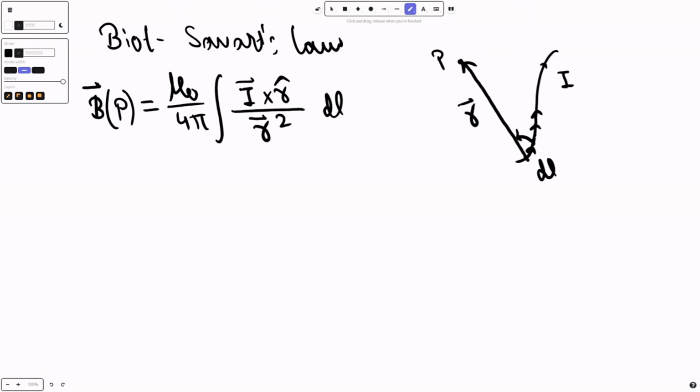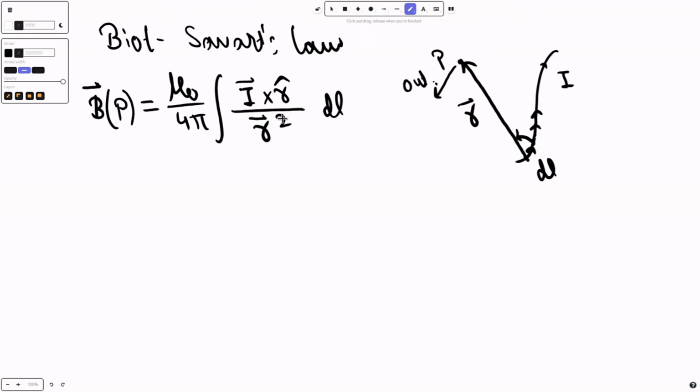If my fingers follow that arrow that I drew from I to R, then my thumb will point outward from the screen. And that outward is the direction of the magnetic field. The magnetic field at this point points out from the screen. So that is the direction of the magnetic field.